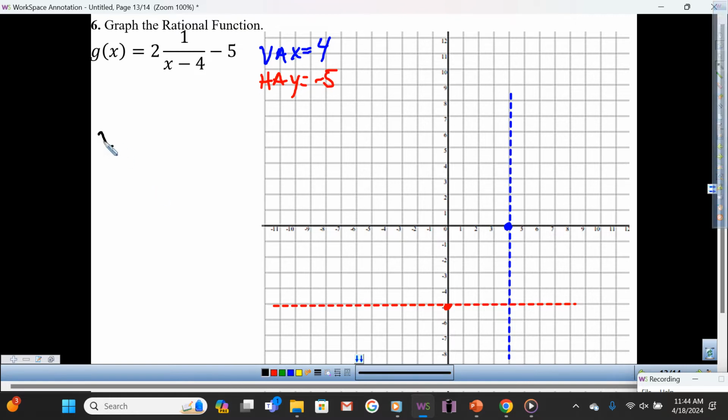Next, x, g of x. Tell your neighbor the domain that we're going to use by looking at that. What is the domain that we're going to use? Tell your neighbor before Rebecca gives us the answer. Domain. All right, Rebecca.